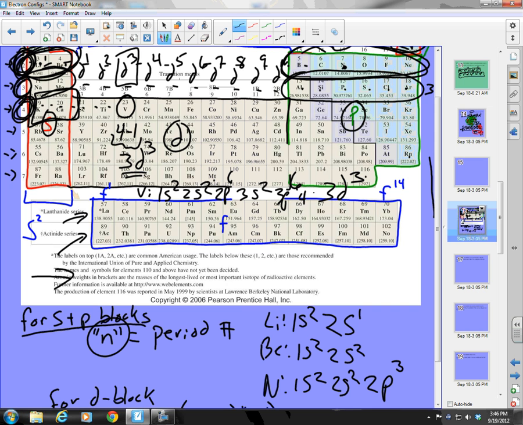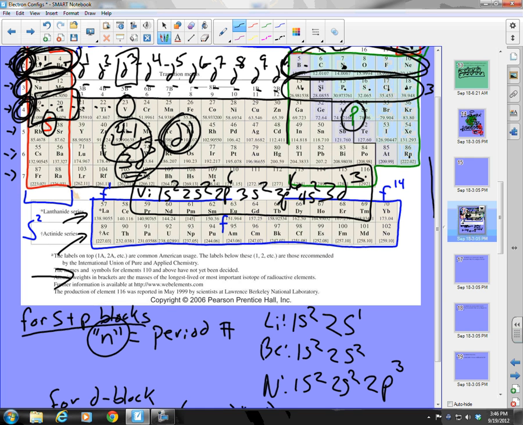So 4s2, and then I get to my D block, which is always one less than my period. This is my fourth period, so I end up with a 3d3. So that is how I can get vanadium: 1s2, 2s2, 2p6, 3s2, 3p6, 4s2, 3d3.